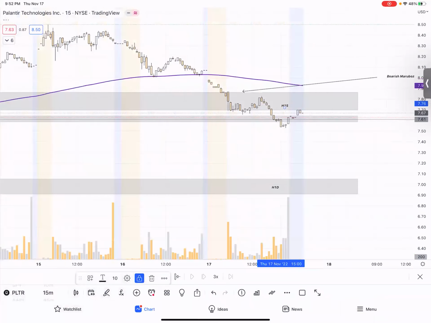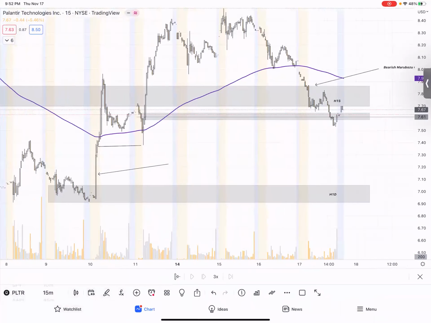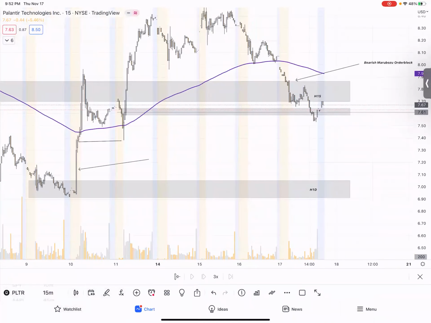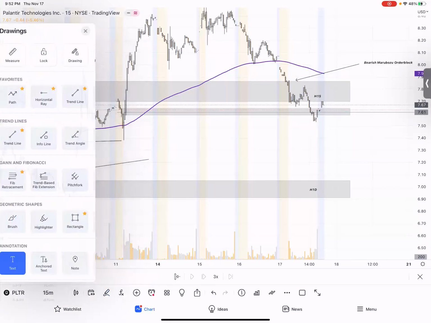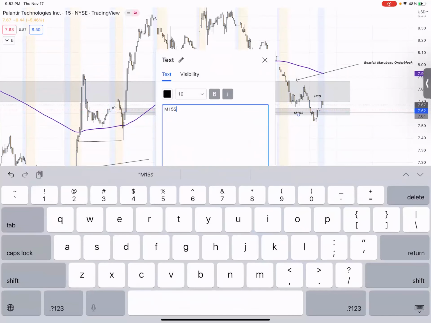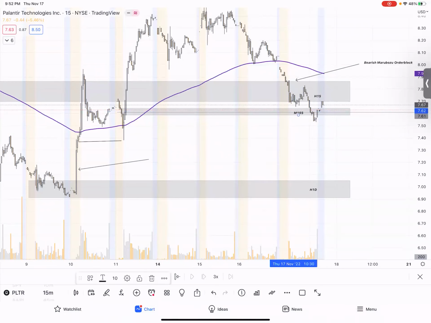Let's take a look at the 15-minute time frame. I'm going to call this M15S so I don't get confused when taking these at the bell.